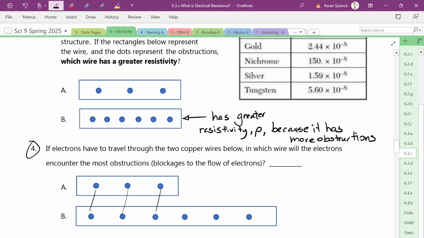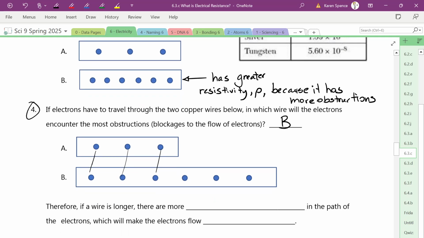Wire A or wire B? B. Therefore, if a wire is longer, there are more obstructions in the path of the electrons, which will make the electrons flow slower.